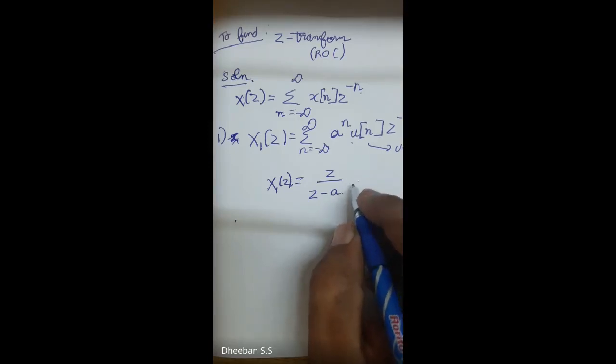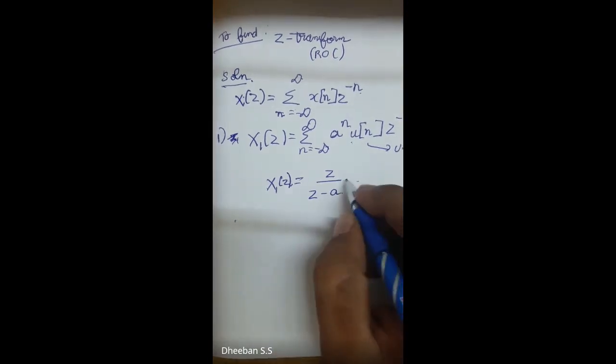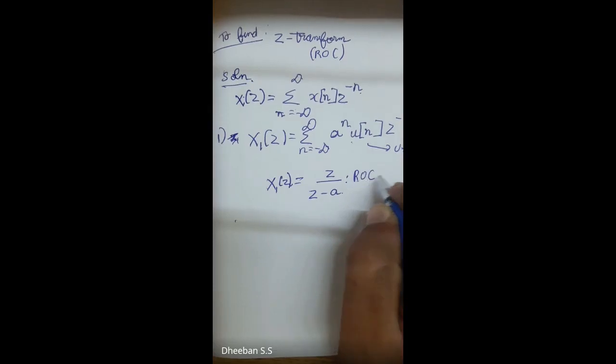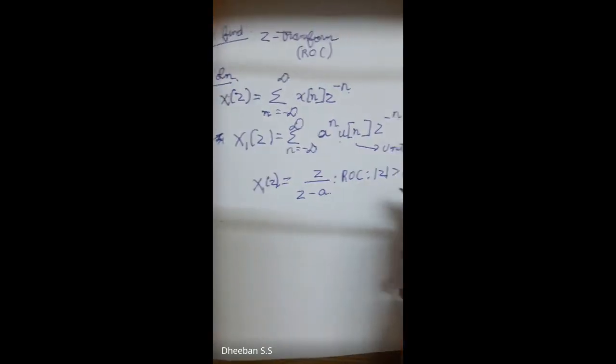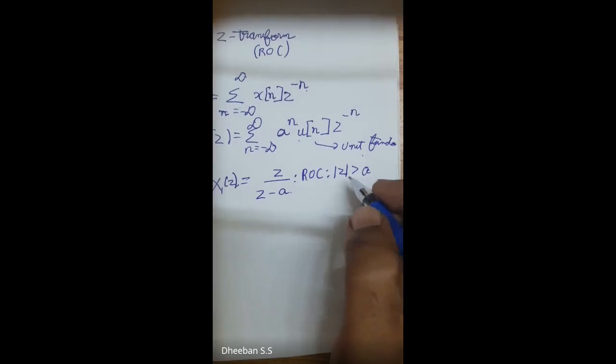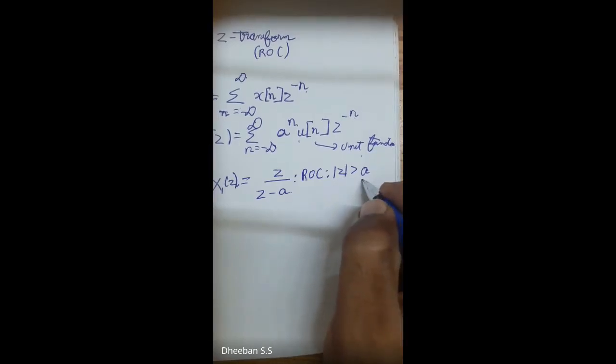In general, the ROC for this will be modulus of z greater than a, where a is a constant.